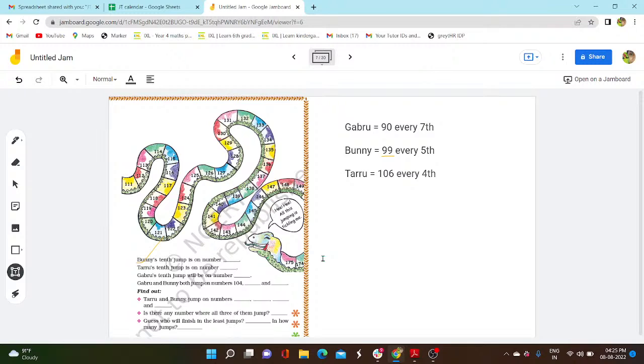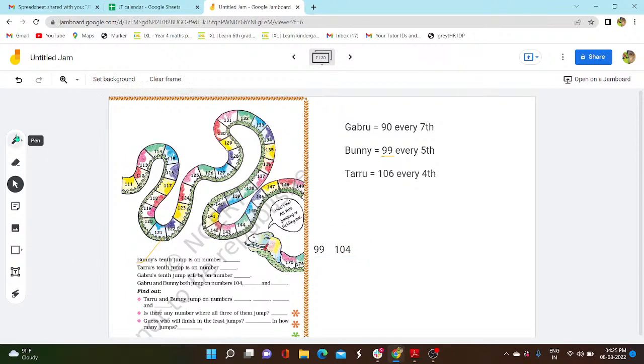So what we can do, we can start jumping in 5 from 99 and we can check what number Bunny reaches on the 10th jump. So let's start from 99. On 99 the Bunny was. Now in the next jump he will have to add another 5 to 99, which is 104.